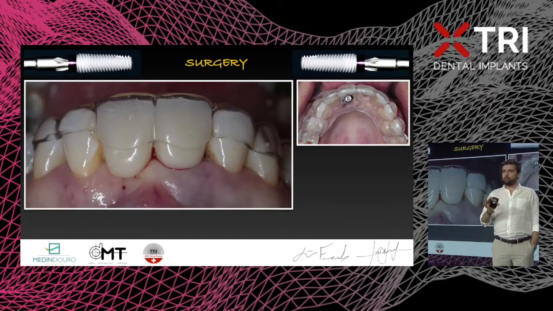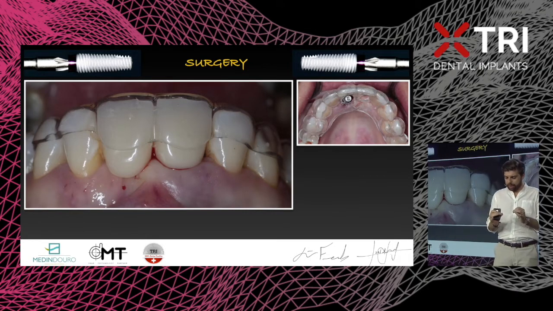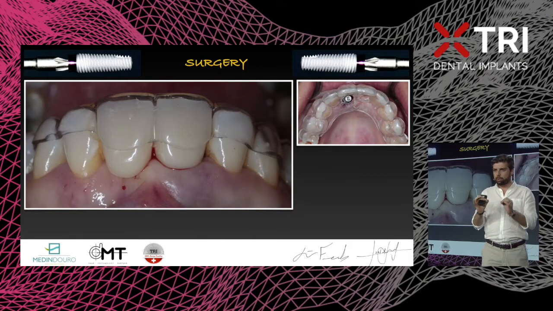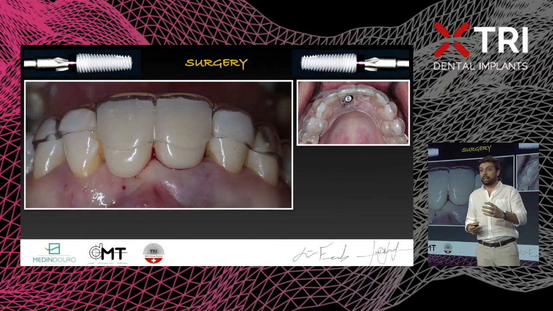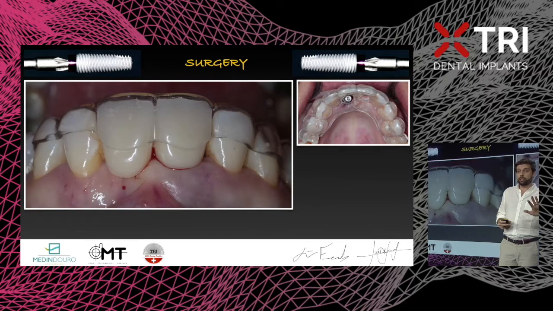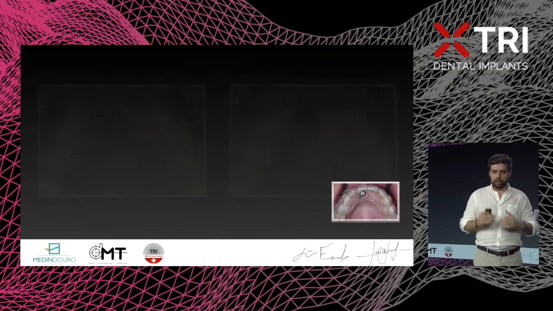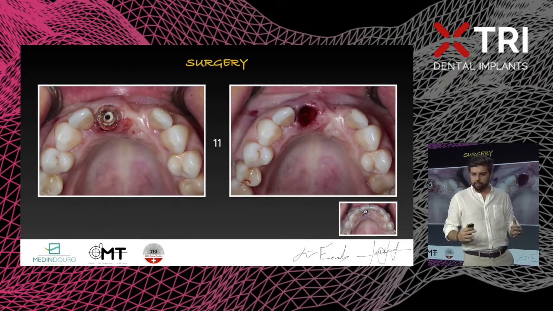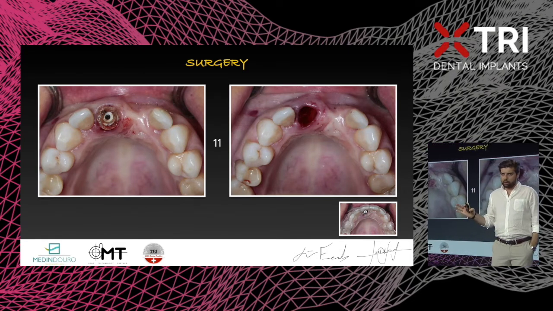So we went with a very simple homemade guide, just so that we can understand exactly where our emergence profiles should be in a single region, and so that we can afterwards place these veneers that you see here and reconstruct over it, so that they would always fit in the same place. So we went for the surgery, minimally invasive approach.